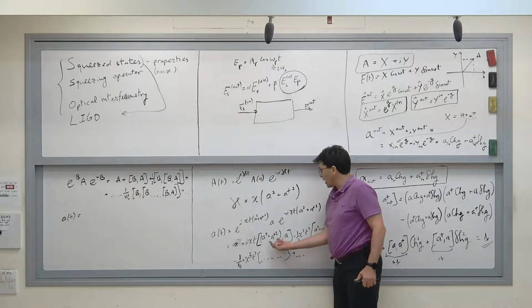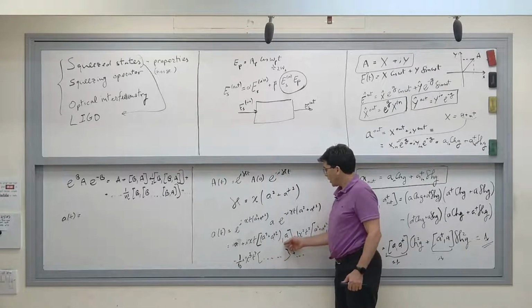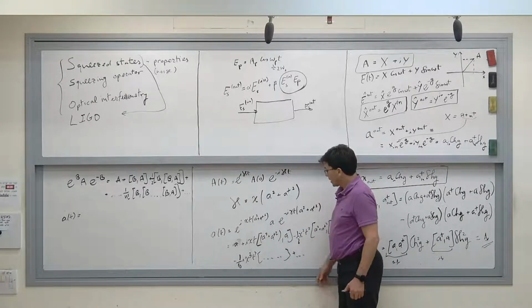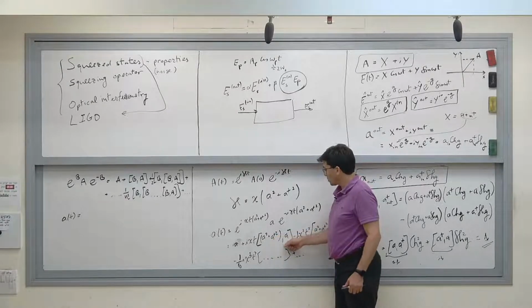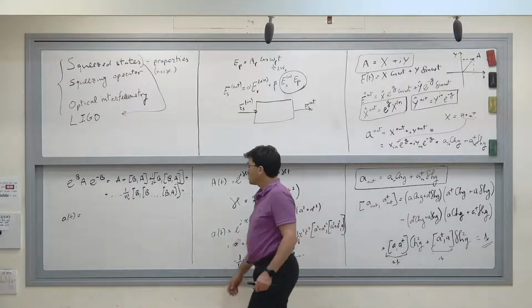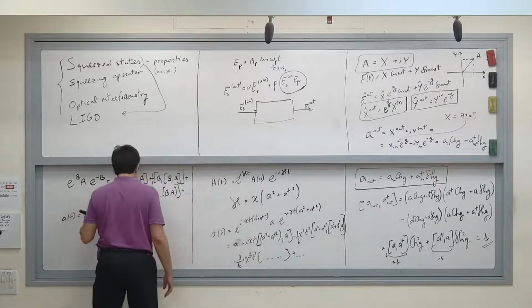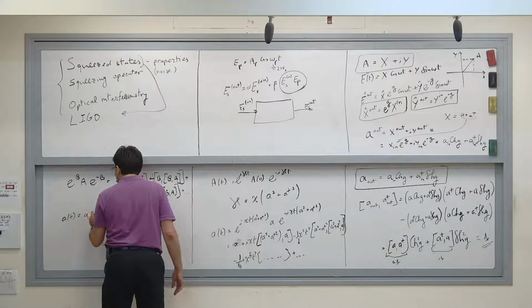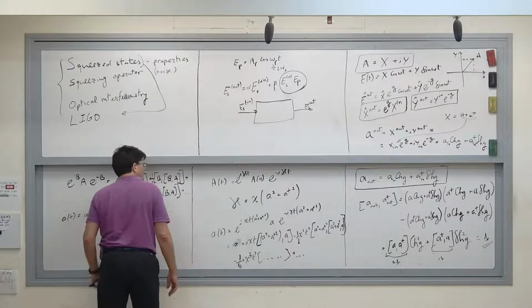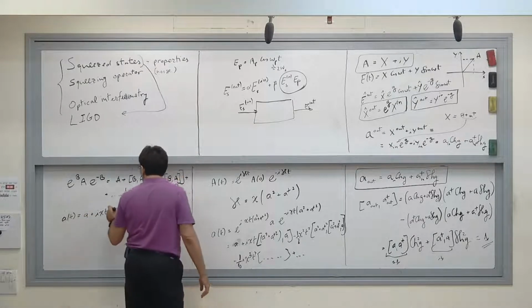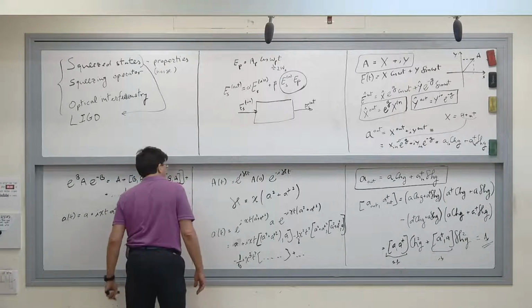You just need to remember that for A dagger squared with A, the commutator is, well, you commute once A dagger with A. Well, you understand. This is A plus I chi t times A dagger.